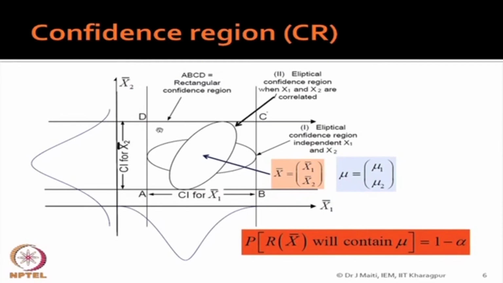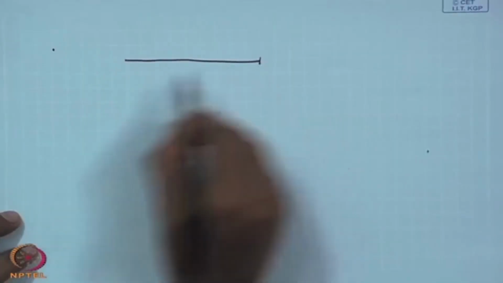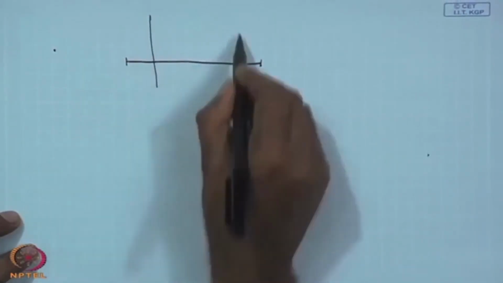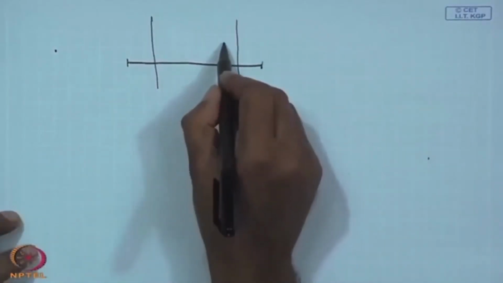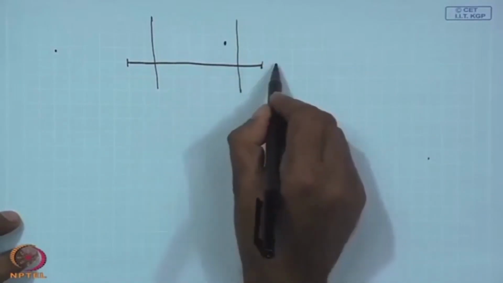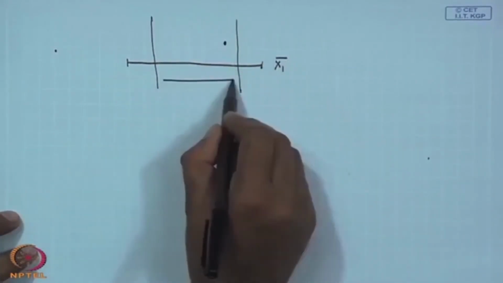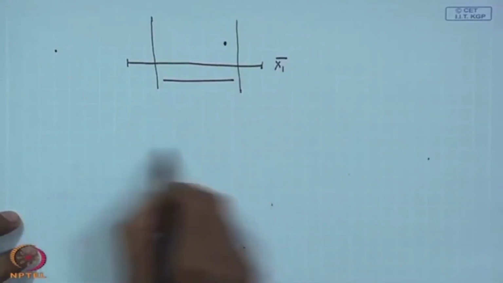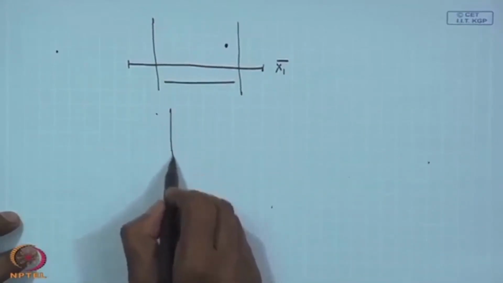So what is the interpretation then? If your case is a multivariate case and you go by univariate analysis and develop certain intervals, you may find that the point is within the interval with respect to x1 bar, and also within the interval with respect to x2 bar.